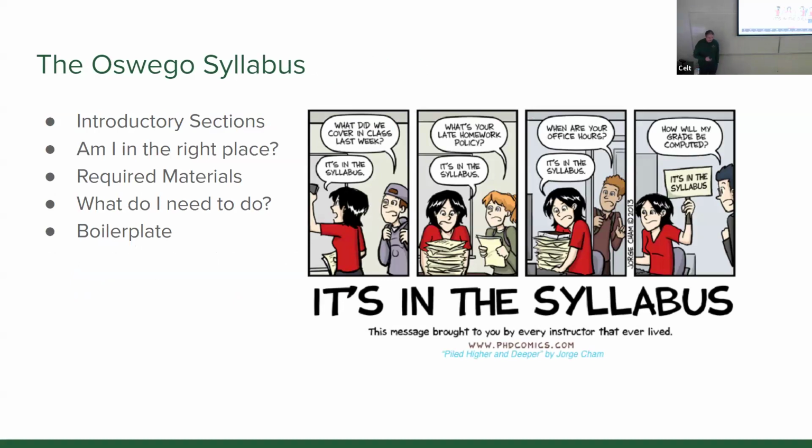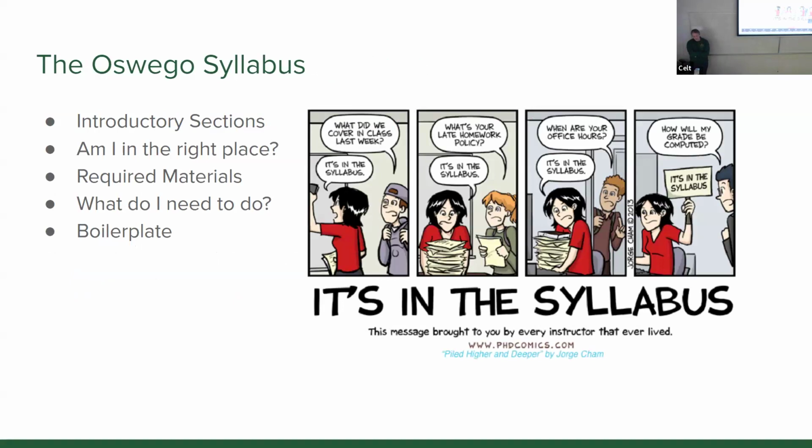So now that we've talked about course outcomes, I do want to familiarize you with the syllabus, because this is really the document that pulls together some of the stuff that we've been talking about.